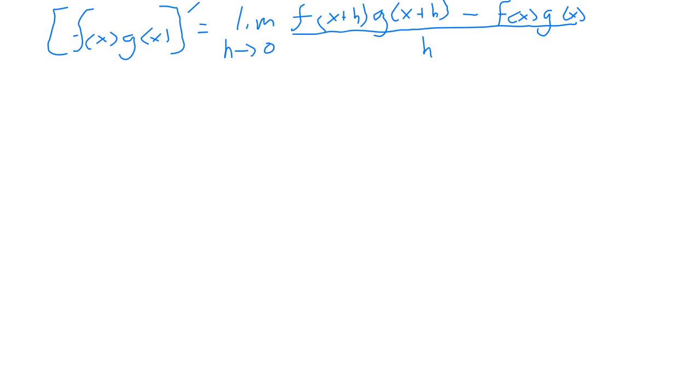Now, this is a tough part. Well, I wouldn't say tough, but the trick to solving it is to know the substitution. You're going to add and subtract something. So it's the limit as h tends to 0 of f of x plus h, g of x plus h. So here's the term you're going to subtract and add in now. You're going to subtract f of x plus h times g of x.